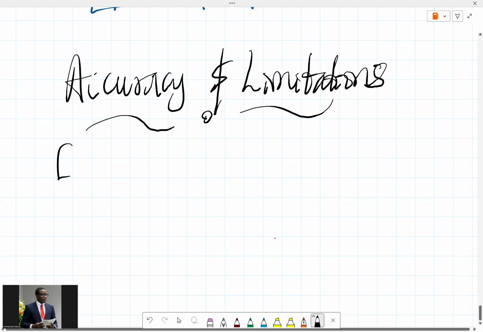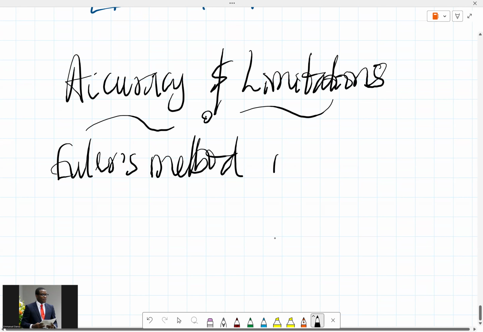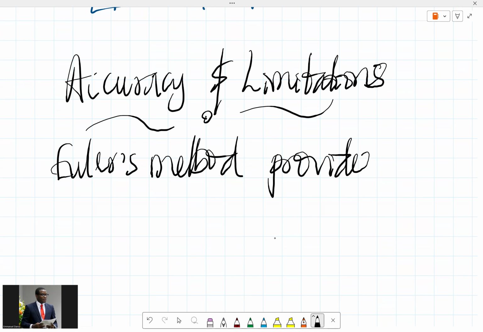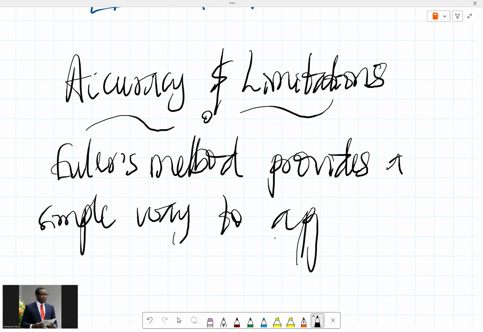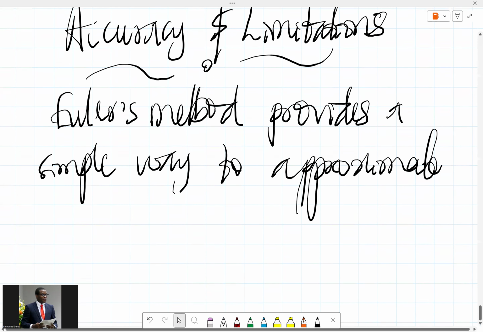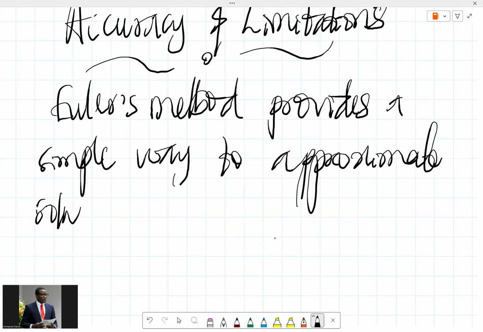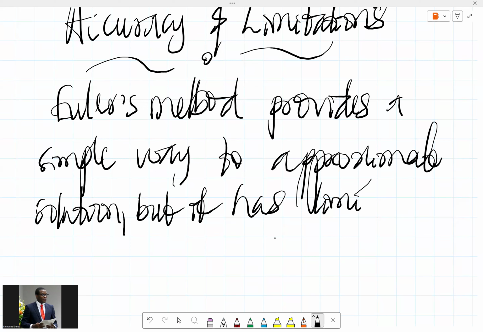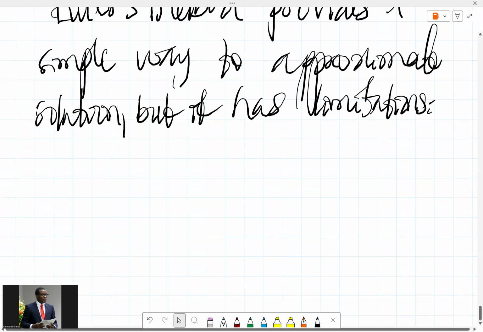So we see that Euler's method provides a simple way to approximate solutions, but it has limitations. That's why other methods are used. That's why Runge-Kutta, for instance, is very helpful. So let's look at some of these limitations.